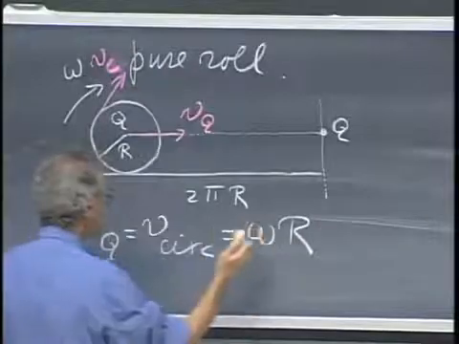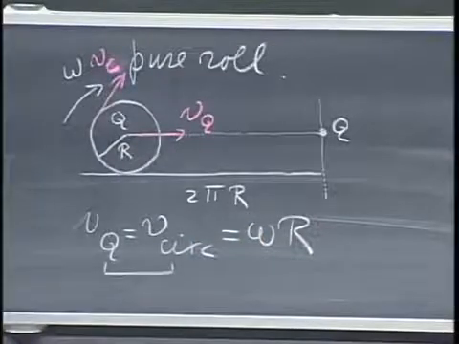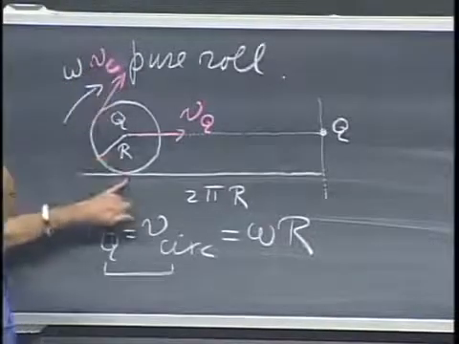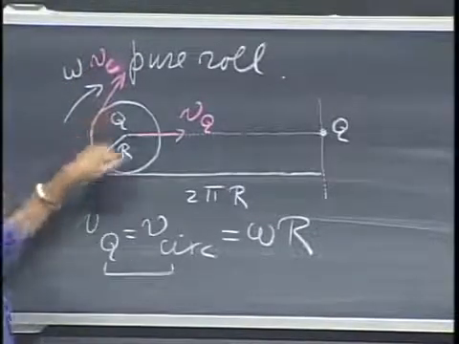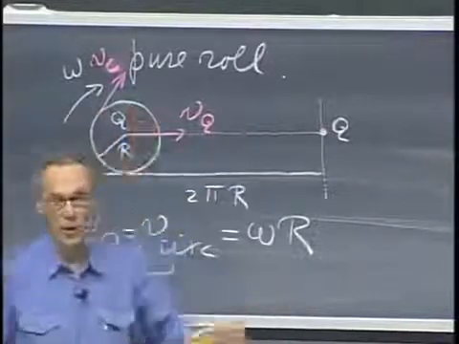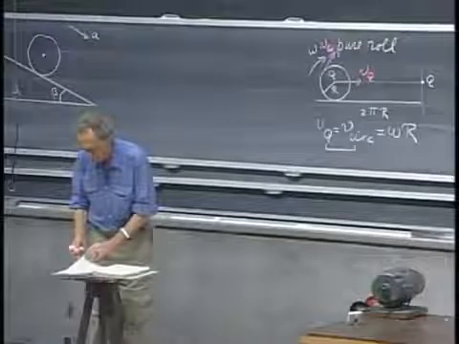This part always holds, but for pure roll, this holds. You can easily imagine that if there is no friction here, the object could be standing still, rotating like crazy, but Q would not go anywhere. So then we have skidding and we have slipping, and then we don't have the pure roll situation.